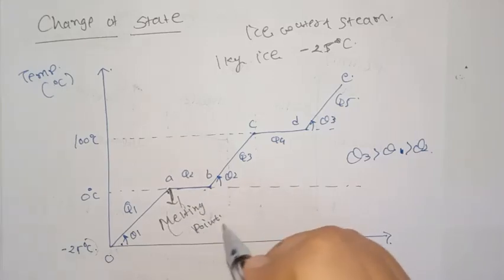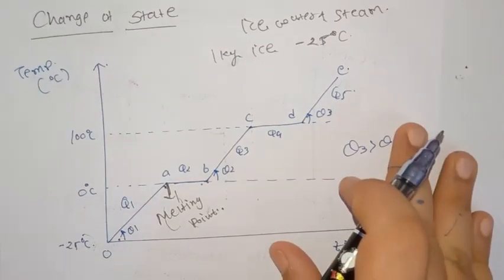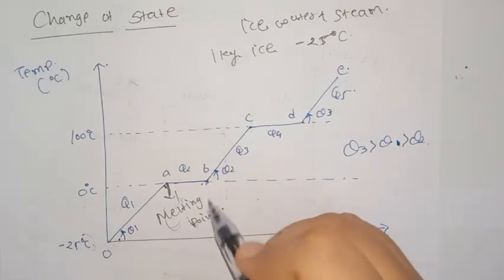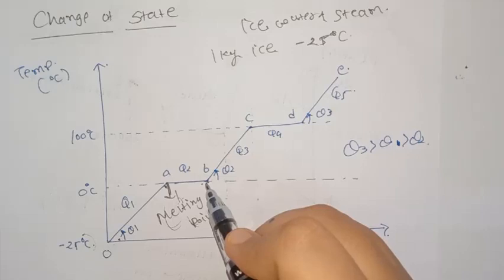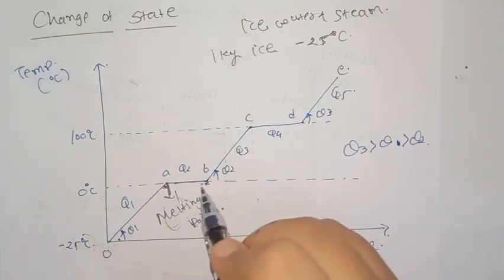As it is melting, we are changing the phase, and change of phase always occurs at constant temperature. In this, we have to add 80 kilocalorie. This is the amount of heat needed to melt 1 kg of ice at 0 degrees Celsius to water at 0 degrees Celsius. This change is indicated by this horizontal line AB.